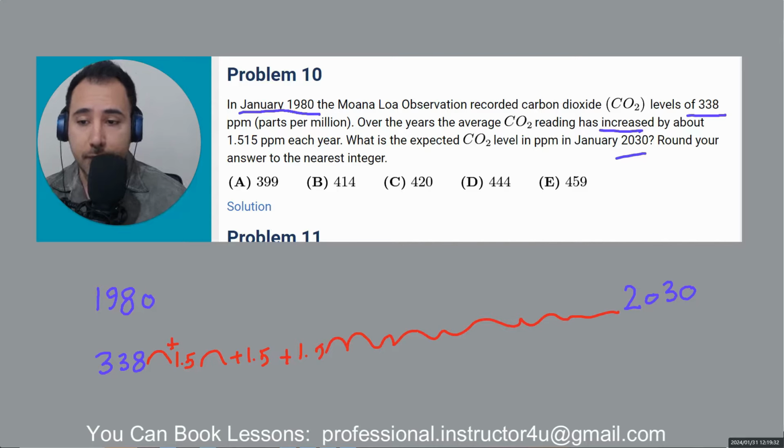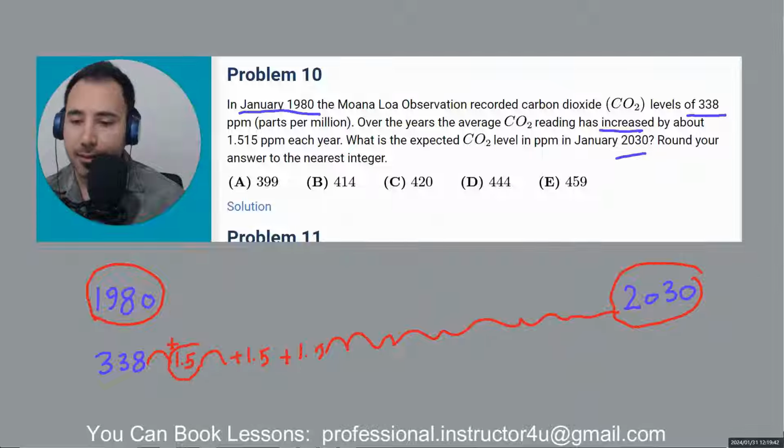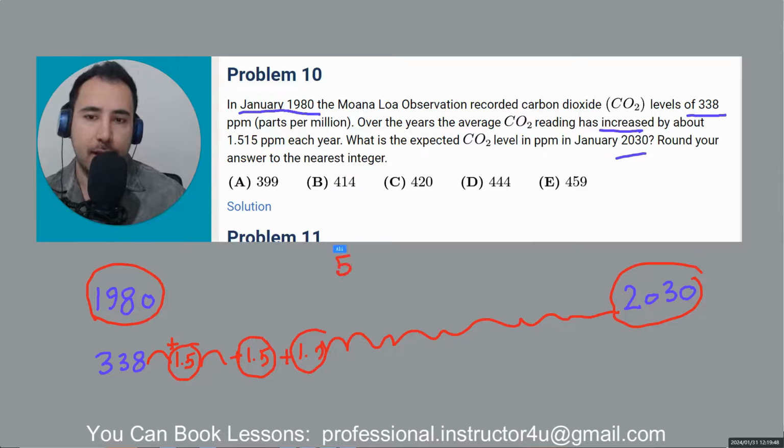Okay. So we just have to go from this year to this year. How many years is that? 50 years. And 50 years of plus 1.5, plus 1.5, plus 1.5. Now I rounded this number to 1.5 only because you see the answers are too far apart.